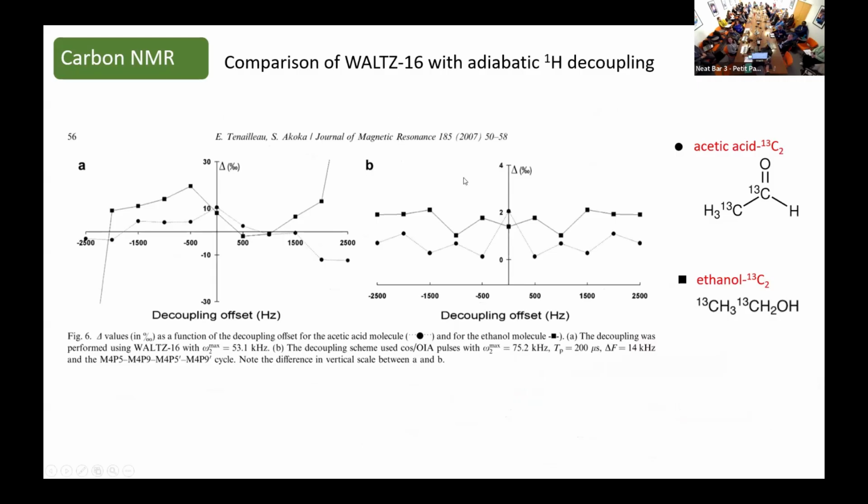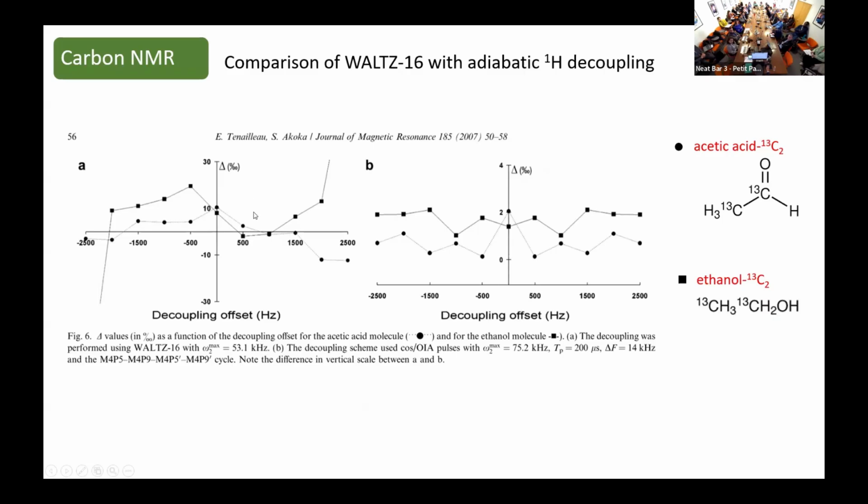So here they did experiments using acetic acid and ethanol, both labeled, I mean, with only carbon-13. So if they didn't have any bad influence of the decoupling of hydrogen, they should have the same integral for the 2 carbons in each molecule.